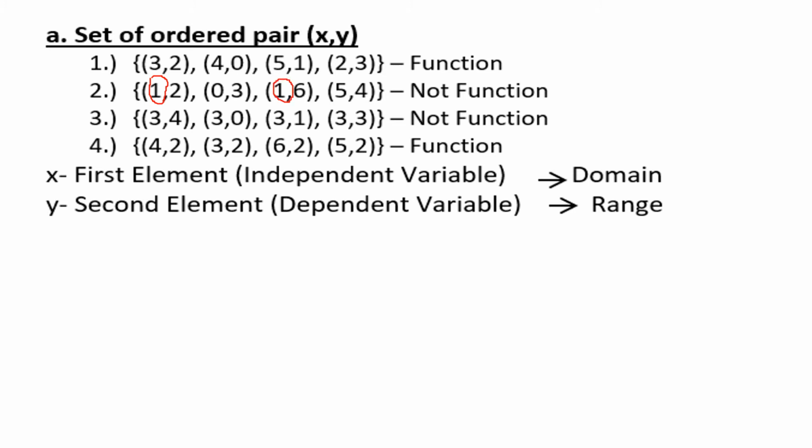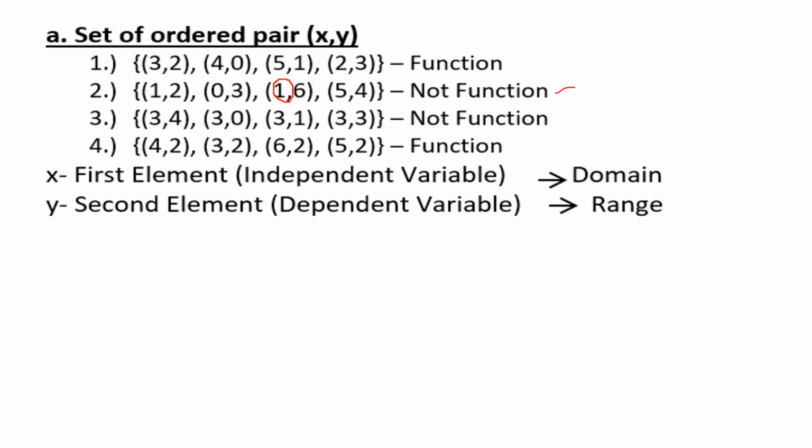Take note, in a function, it is not possible to have the same inputs. It is possible to have the same output for different inputs, but it is not a function when two inputs are the same with different outputs. Take note of that. So that's why it is not a function.